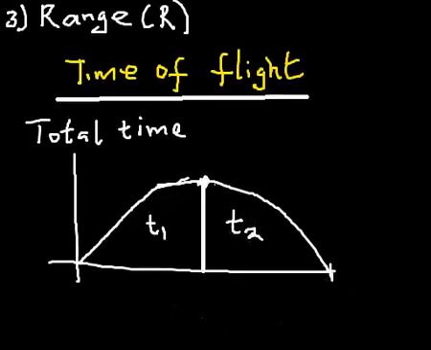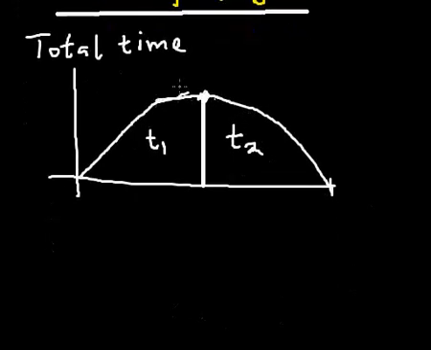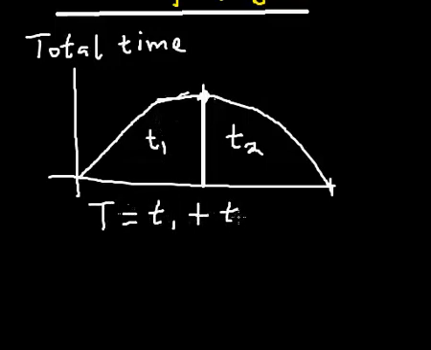So there are two times involved. It's just like someone on a journey who goes to a point and returns back from where they came from, so the two are equal. That means the time of flight of the projectile is the sum of T1 plus T2, and both T1 and T2 are equal.